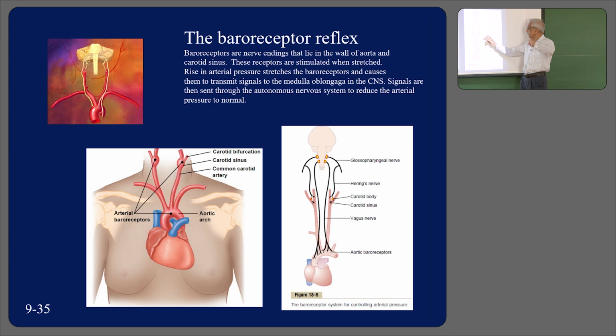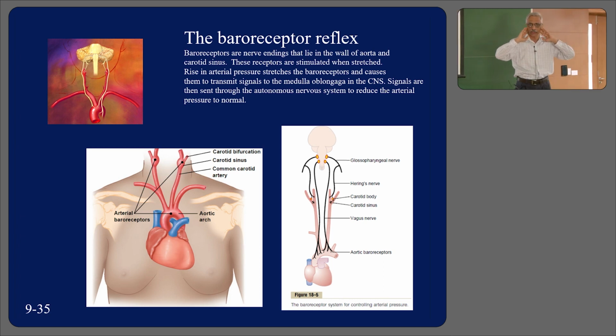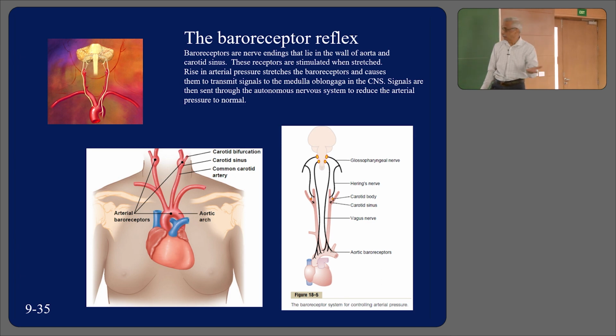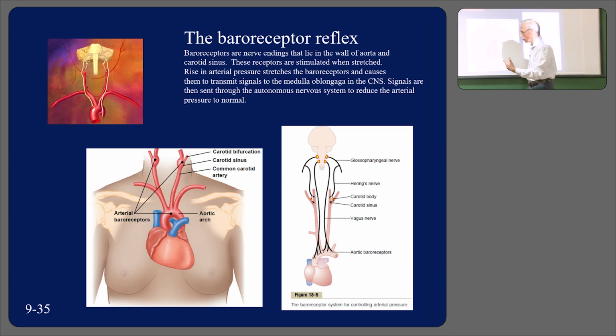The information from the carotid body is taken over the 9th cranial nerve, glossopharyngeal, to the medulla oblongata, and that's how the medulla oblongata is continuously monitoring the stretch on these vessels. The stretch provides information about the pressure exerted by the blood at every systole and diastole.